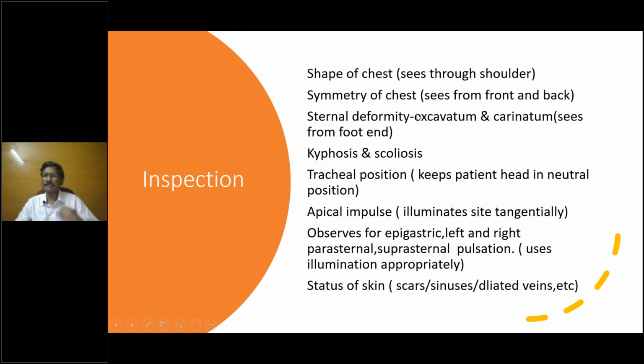What will be the inspectory findings in aortic stenosis? For revision's sake, you can just tell only about the apical impulse and pulsations. Those are the main 2 things we see in the examination of cardiovascular system.